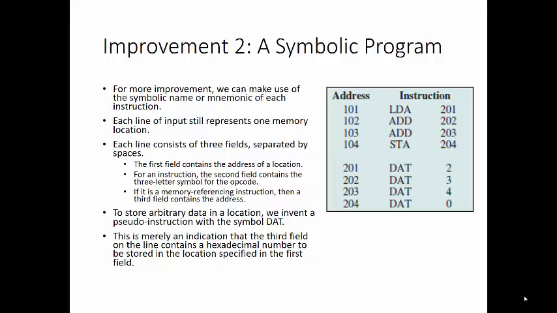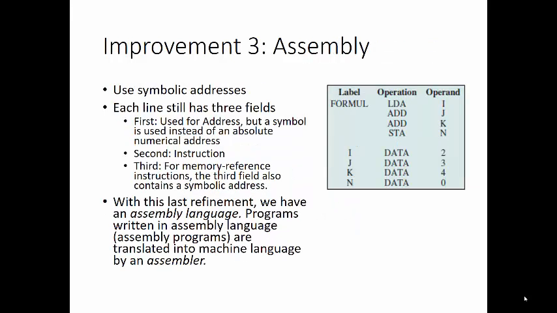So let's look at a final improvement, and that improvement is assembly language. Assembly language uses symbolic addresses in addition to the symbolic opcodes. Each line still has 3 fields. The first is used for the address, but a symbol, for example, formula, is used instead of the actual address.